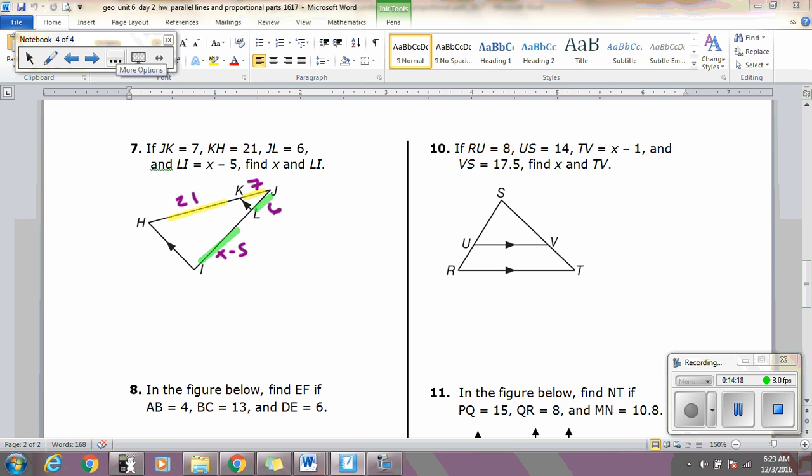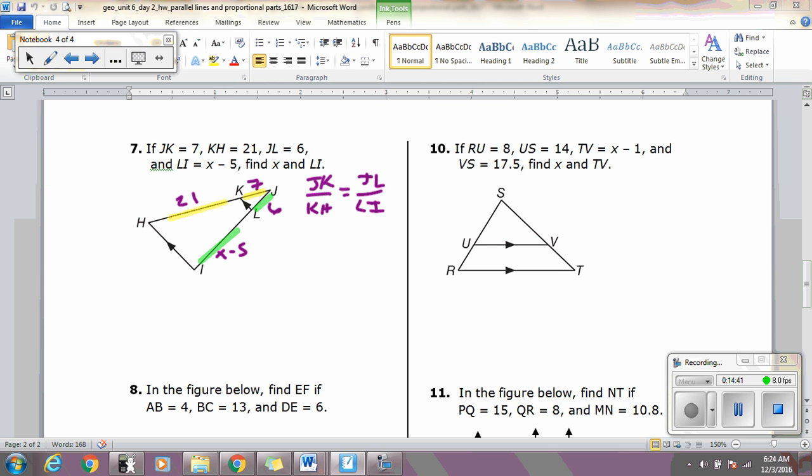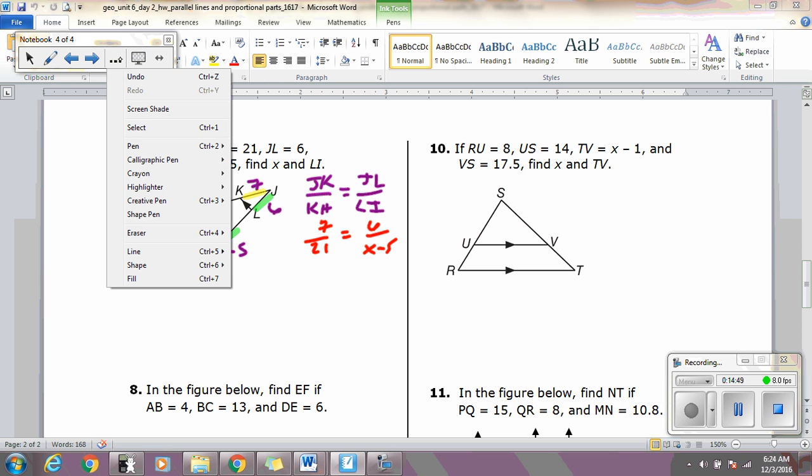So in other words, when I write my proportion, I could say JK is to KH as JL is to LI. So let's insert the values. 7 is to 21 as 6 is to X minus 5. And now we cross multiply.